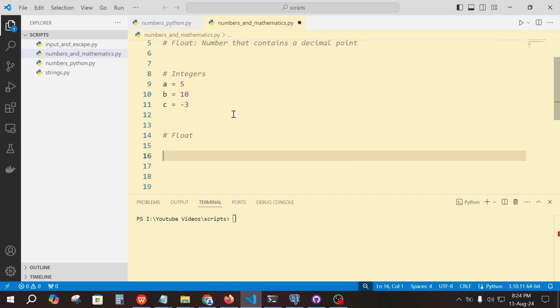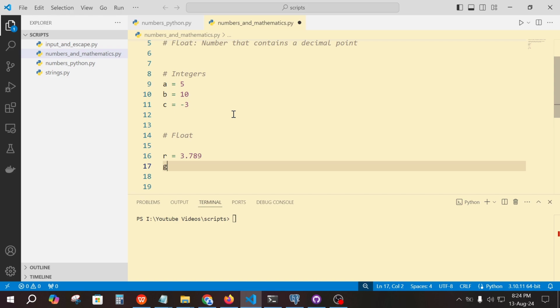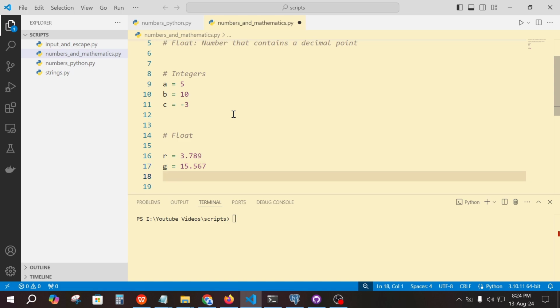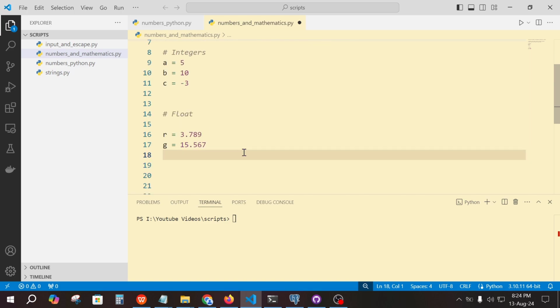Same, we have r equals 3.789, and g equals 15.567, something like that. The float number can also be negative, so t equals -45.890.